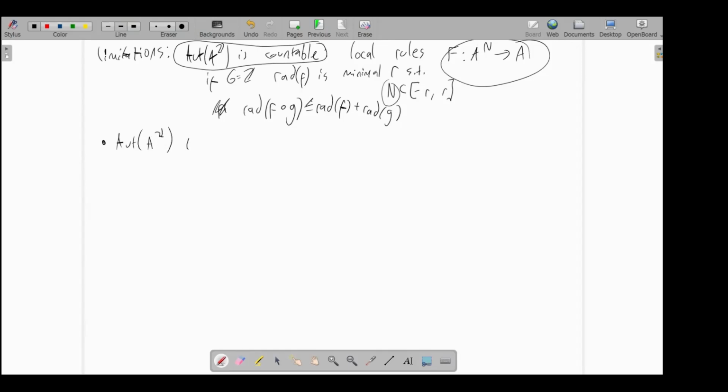The automorphism group is residually finite. Does everybody know what residually finite means? Well, the answer is probably no. So maybe I just quickly define it.